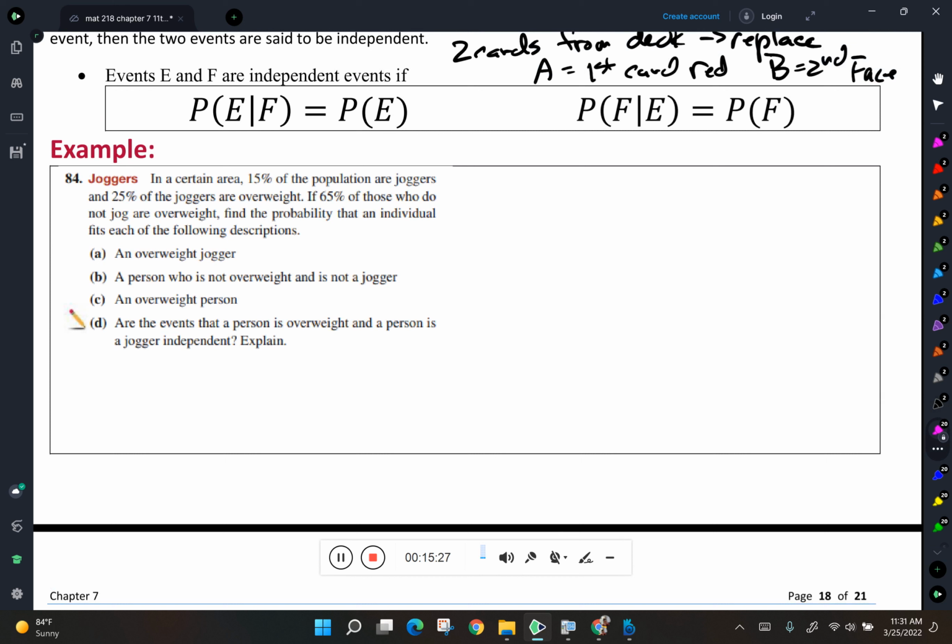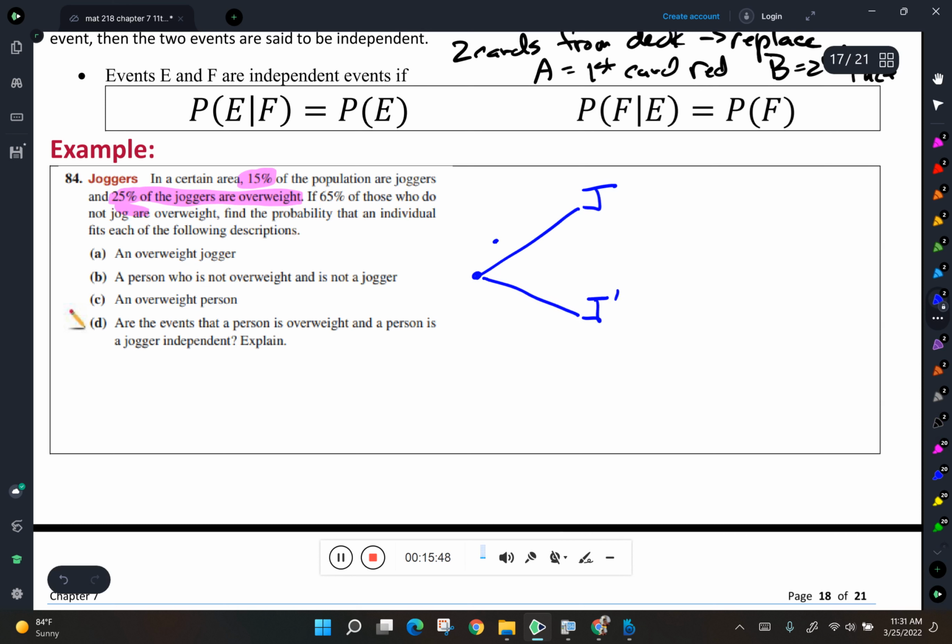Okay. In a certain area, 15% of the population are joggers. Okay, so that's a probability. 25% of the joggers are overweight. Okay, so that's a conditional probability. So now I know I've got a scenario like this. I've got people who are joggers, and I have people who are not joggers.